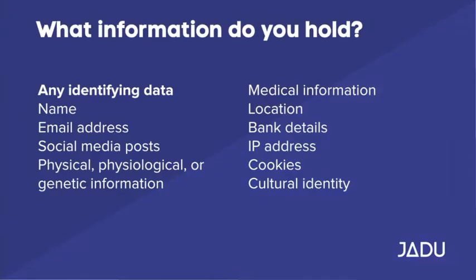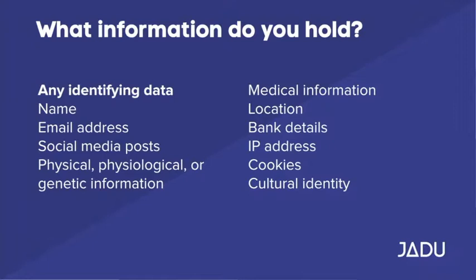So, discover. We're looking for personal data, essentially, and what that is has changed slightly, I think, compared to the Data Protection Act. So we're looking for the bog standard things, name, email address, but we might also be looking for, say, social media posts.